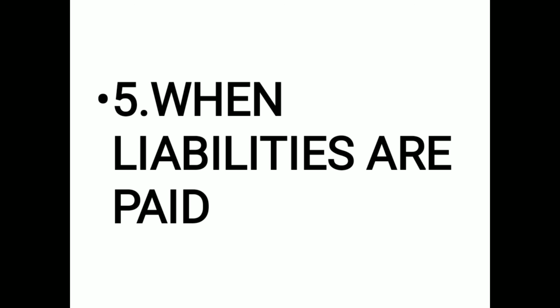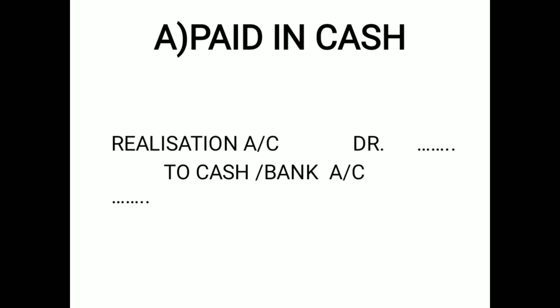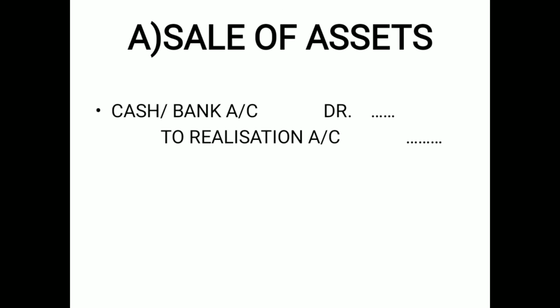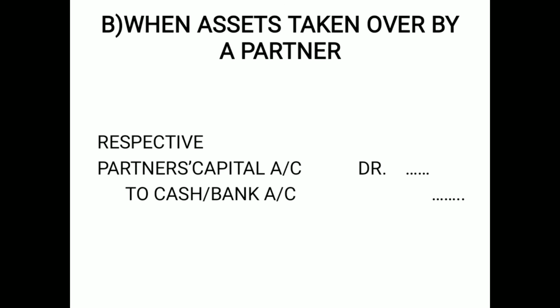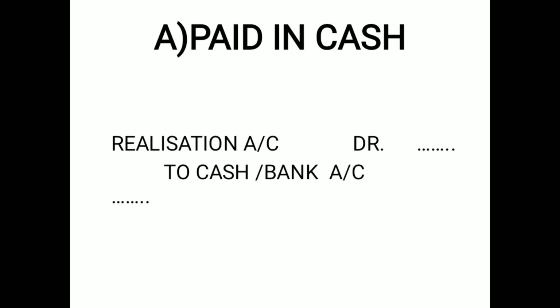Let us see. When you pay the liabilities in cash, realization account debit to cash and bank account. This journal entry is just opposite to the sale of assets. This has been reversed. This is when you receive the amount, and this is when you pay the amount.